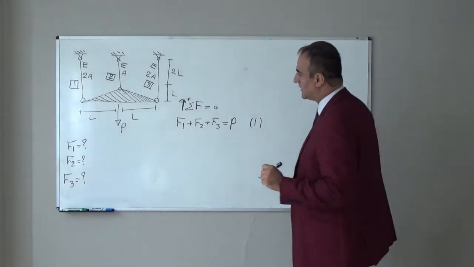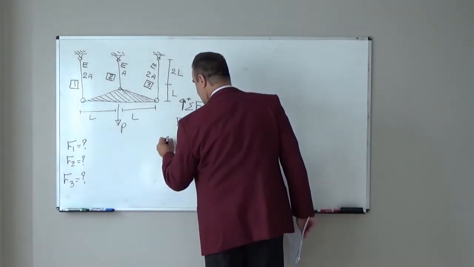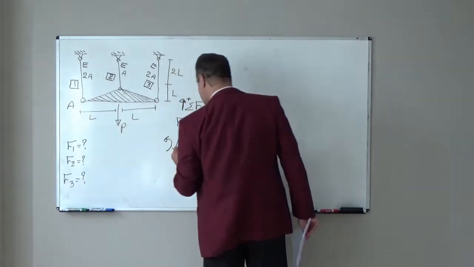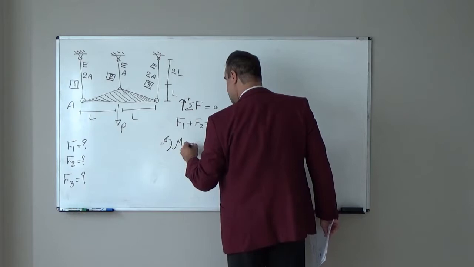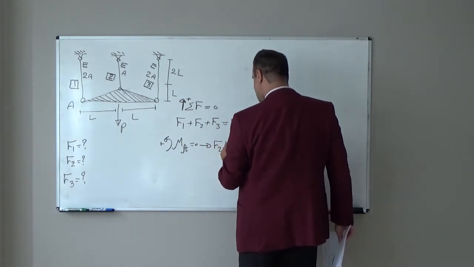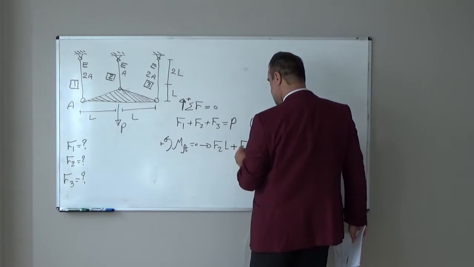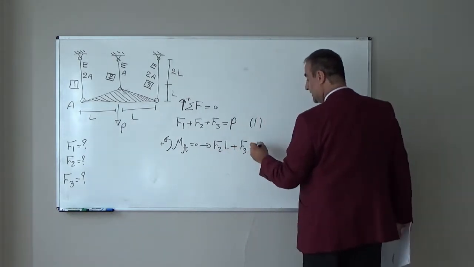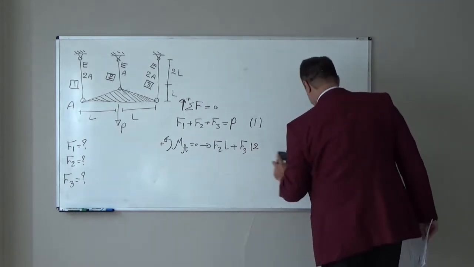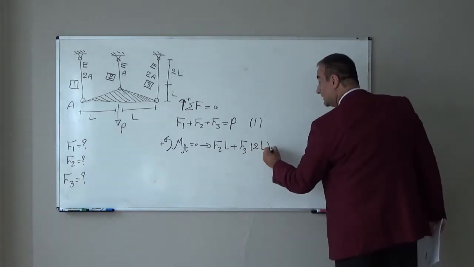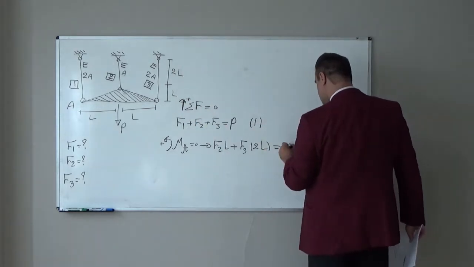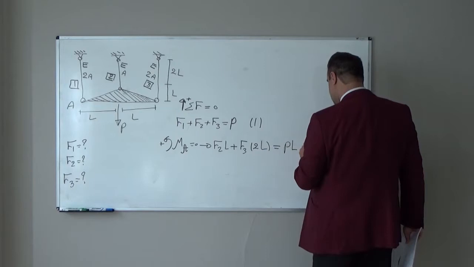Another equation, I can write summation of moment with respect to one point. For example, here point A is equal to 0. In that case, I will have F2 times L plus F3 times 2L minus P times L, or I can take it to the other side, is equal to PL.